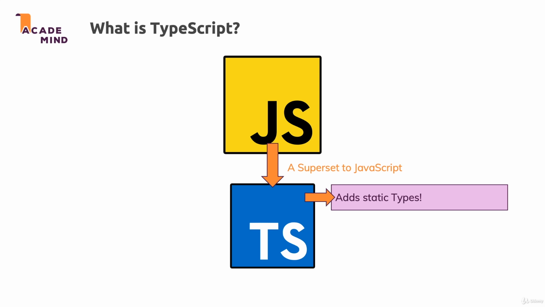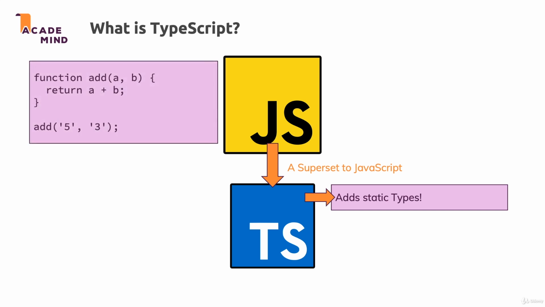And let me give you an example where this might matter. Consider this simple add function which adds two numbers, presumably at least. But now let's say you're calling this function with two strings which you're passing in. Please notice the quotes around the numbers. Now, of course, you might wonder why you would do that, but consider that this is coming from an input field in your DOM, in your web page. What you get from there will always be a string. So even if the user enters a number there, it technically will be a string.